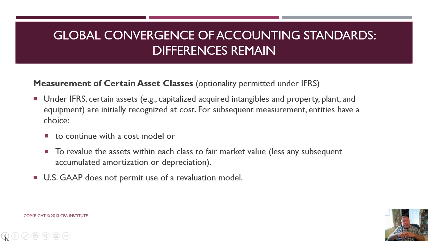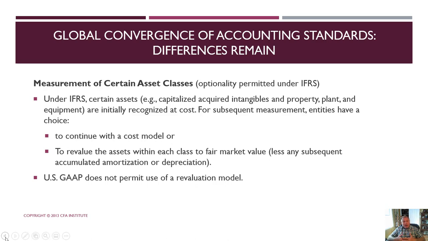And think about this for a second. If you revalue them and the market value of that property, plant, and equipment is higher than when you bought it, you would recognize a gain under IFRS. So under GAAP, we wouldn't write up an asset, we wouldn't revalue those assets.